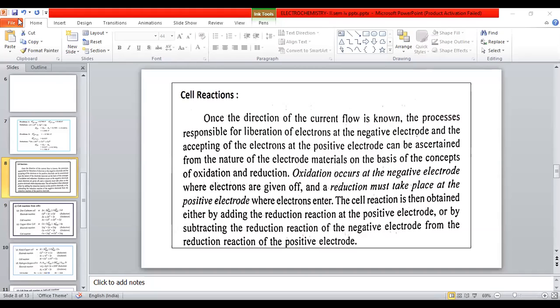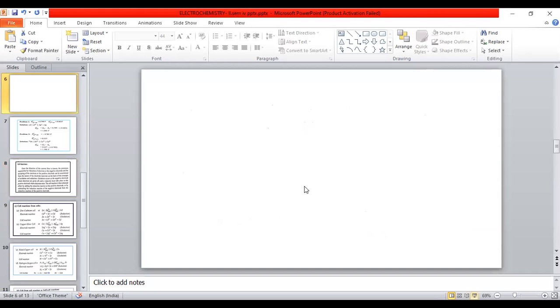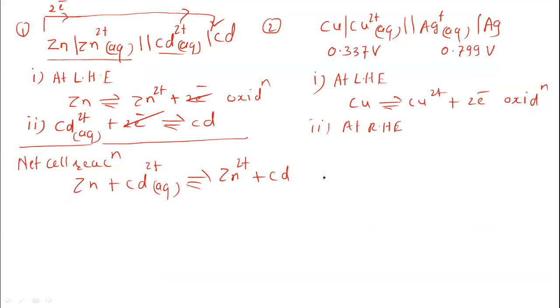So the reaction belongs to the right hand side, and we have to add the two electrons. Now for silver ions, only one electron is required for one silver ion, so we have to take two silver ions. Two silver ions plus two electrons give two silver metal. Two silver metals are formed there.